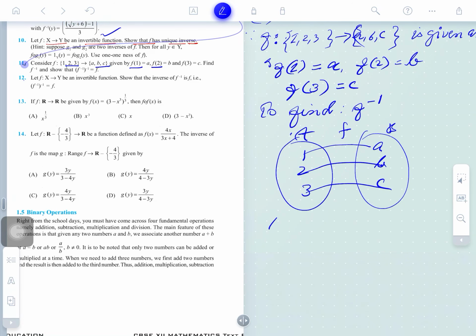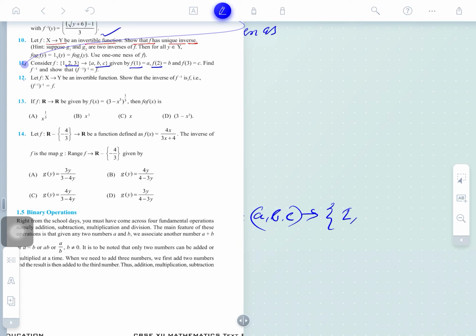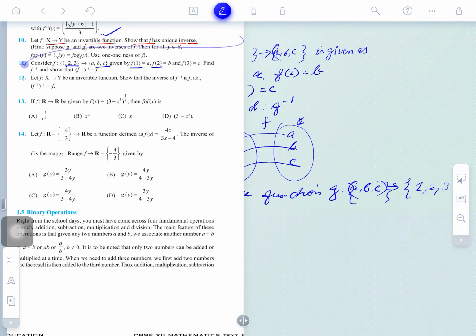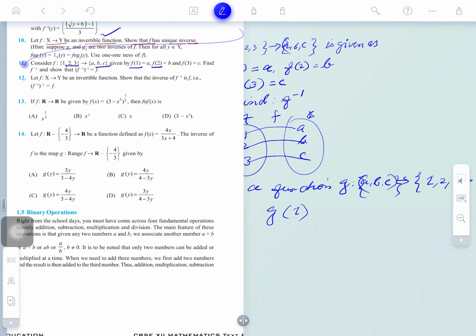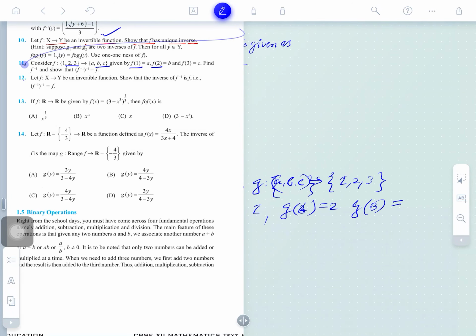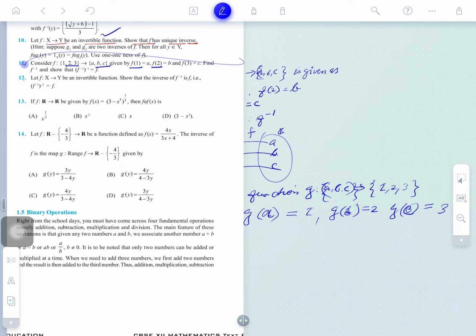So you will write down, let a function g from {a, b, c} to {1, 2, 3} be such that g of a gives you 1, g of b gives you 2, and g of c gives you 3.